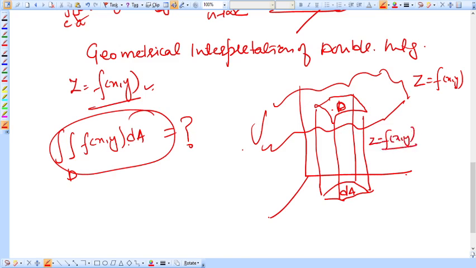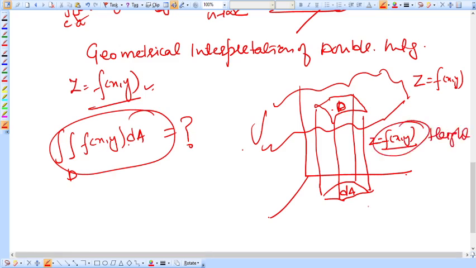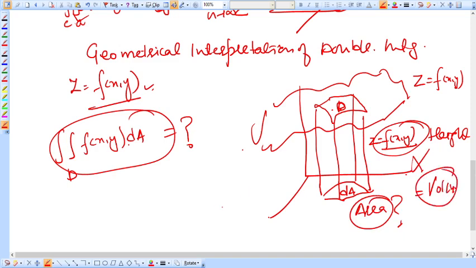If you multiply, this is your height and this is your area. As we know, height into area implies volume, so the same can be interpreted in this case also. Here, this is height, this is area, this implies the volume of the shape.